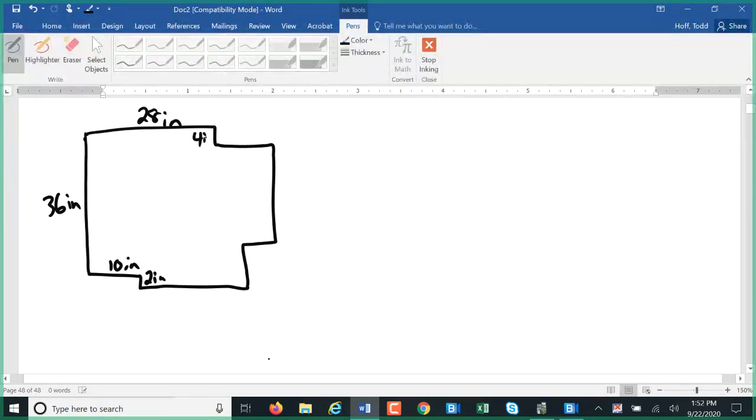Call this 4 inches. Call this 10 inches again. And let's see, we got 32 left. Let's call this 22 inches. And we need to know this piece down here. Oh, let's call this 22 inches.